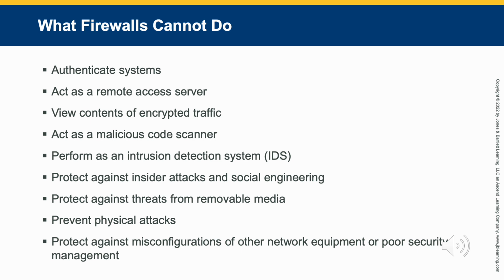Now later we'll see next generation firewalls can act as a remote access server and view contents of encrypted traffic and can perform some low-level IDS. But your basic layer 3, layer 4 firewall cannot do these things.